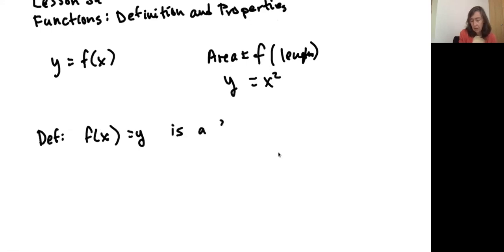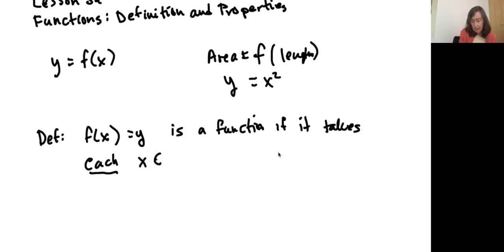It's a function if it takes each, let's underline that important word, x, an element of some domain set X. So each small x is an element of set big X. We're going to call that the domain.